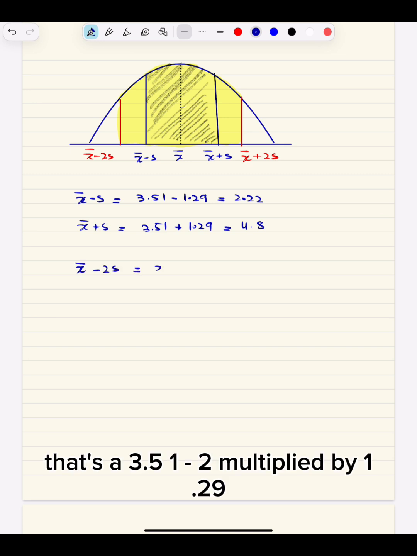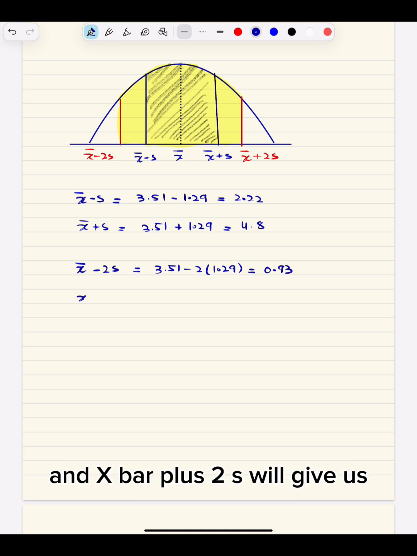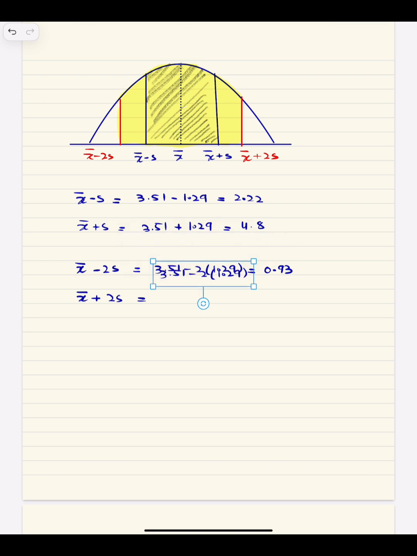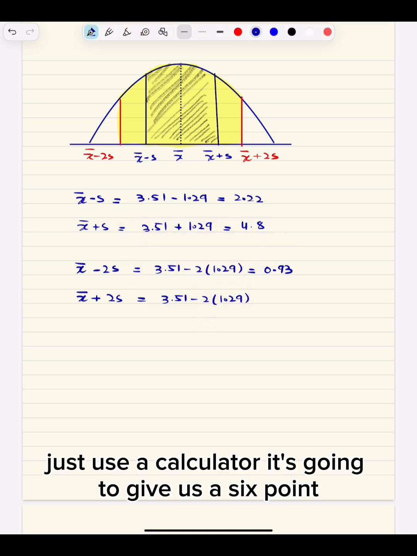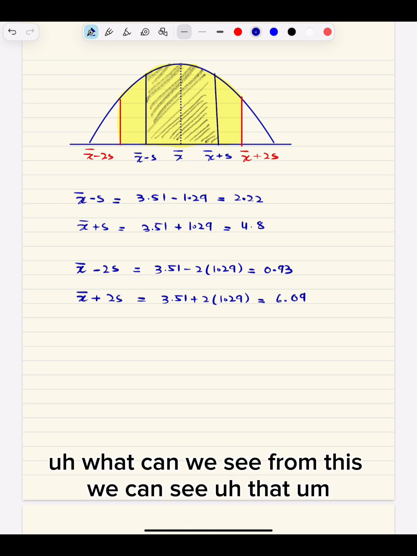That's 3.51 minus 2 multiplied by 1.29, and this gives us 0.93, and x bar plus 2s, just use a calculator, it's going to give us 6.09.